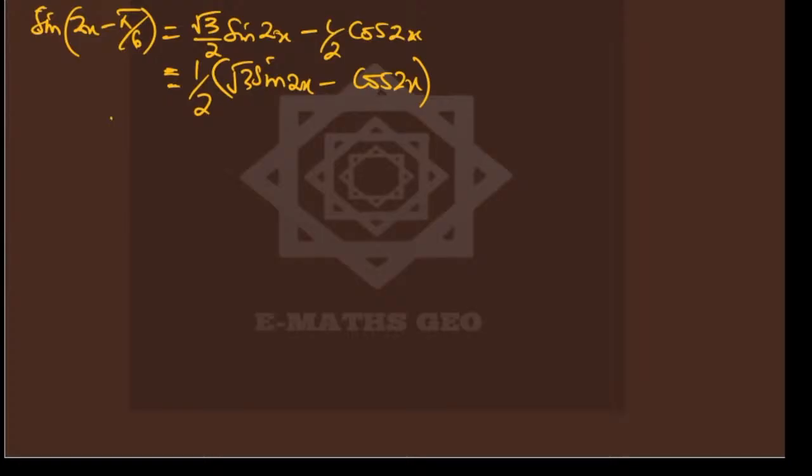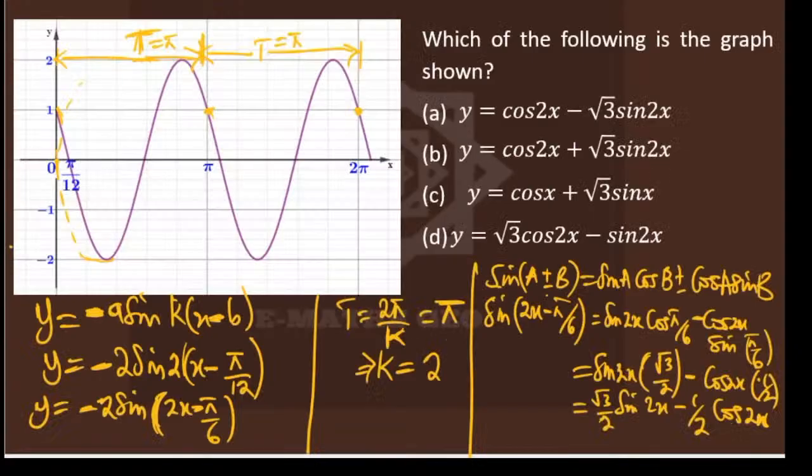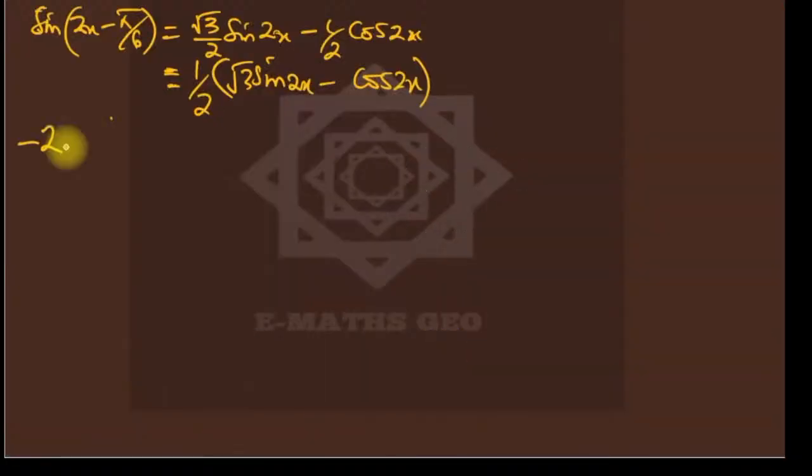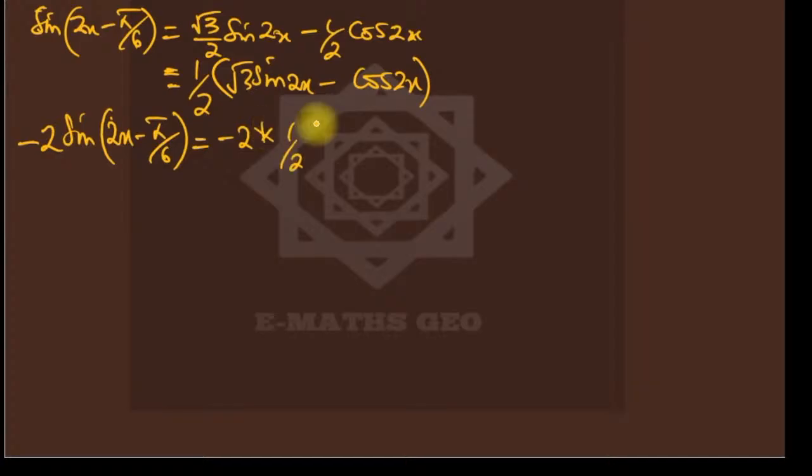So finally, remember, our main aim is to check if any of the options is this. I have minus 2 sine that, so therefore minus 2 sine 2x minus pi over 6 will be equal to minus 2 times half, because we've gotten this.